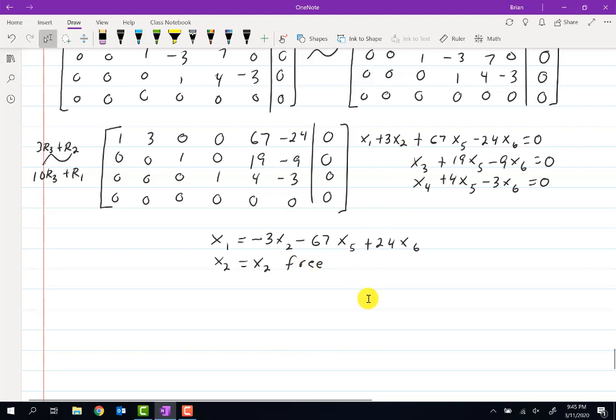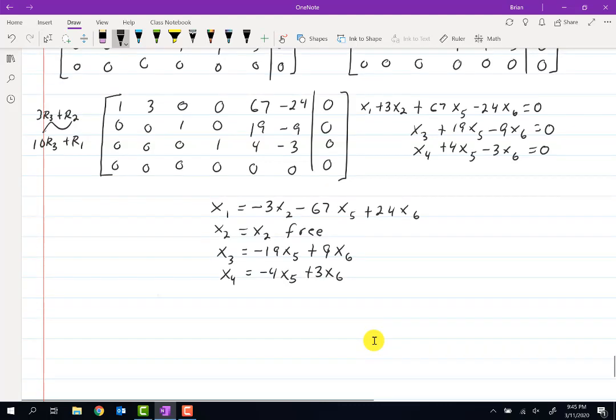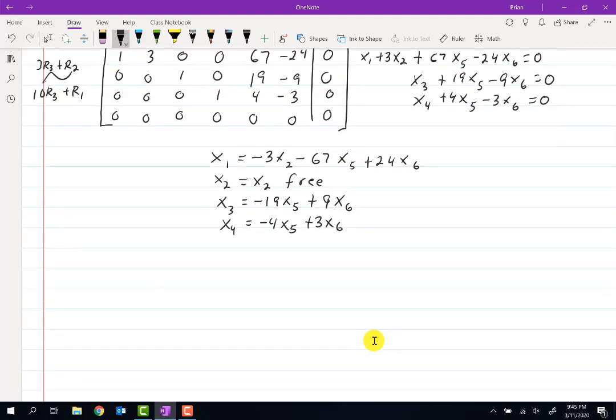Next, x3 will equal -19x5 plus 9x6. x4 will equal -4x5 plus 3x6. And then I don't have x5 anywhere else, so x5 will equal itself. That'll be free. x6, the same thing.